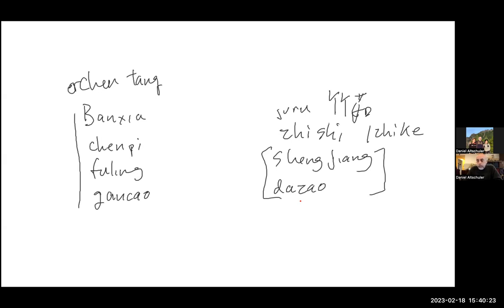The formula isn't overly warm or cold. There's no dominance of one to the other. There are both warm and cold herbs, and you can see that with, for example, Chunpi, Bansha tends to be on the warmer side.